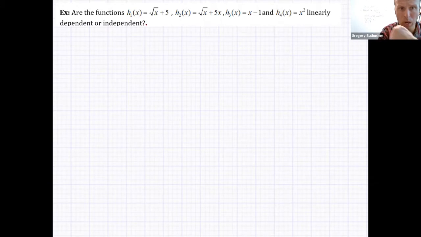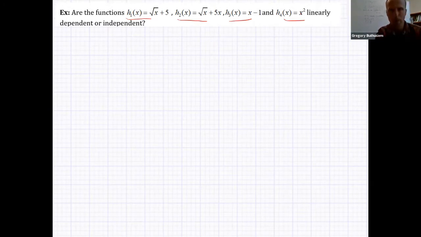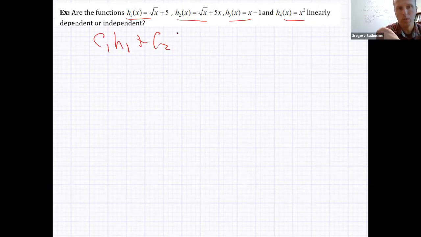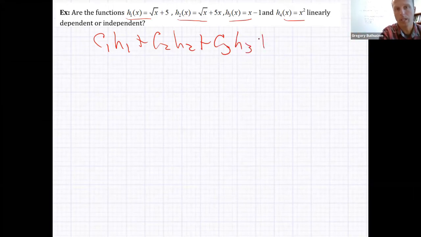Here I have 4 functions to combine, to decide whether I can get this linear combination to zero out. More functions, more work. Is there a C1 times H1 plus C2 times H2, C3 times H3, and C4 times H4 that'll zero this out?